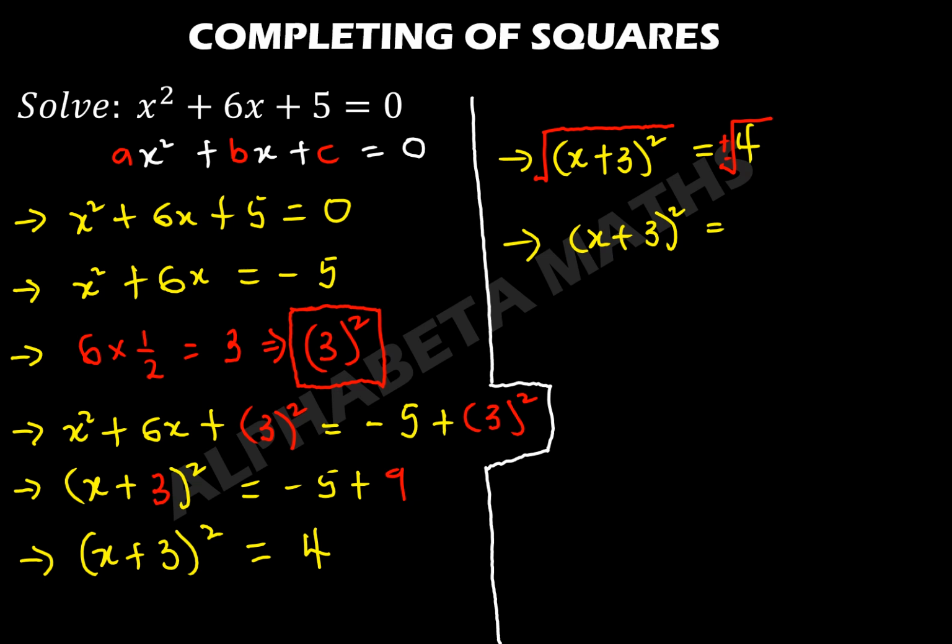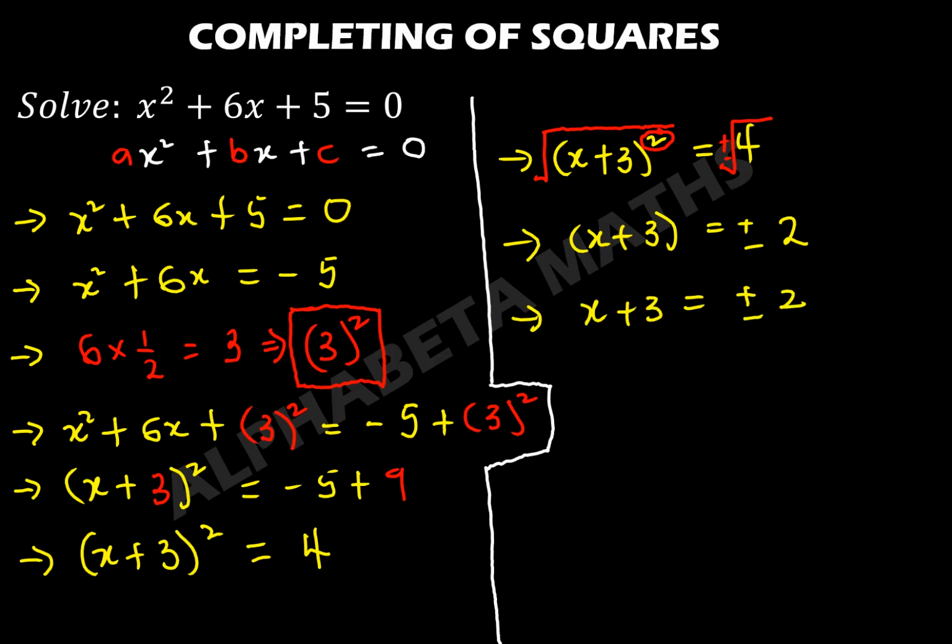It's all because of the square, which means that we must be getting two values of x. Since we are looking for x, anytime we take the square root, we have to bring the plus or minus sign. And this is going to give us plus or minus 2. So we now have a simple expression, which is x plus 3 equals plus or minus 2.